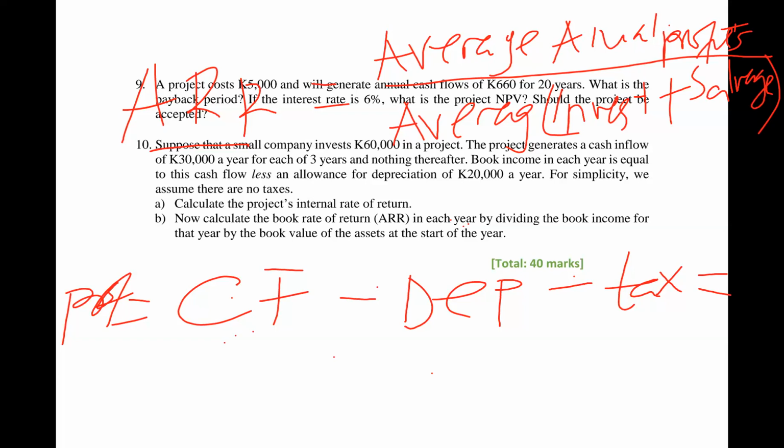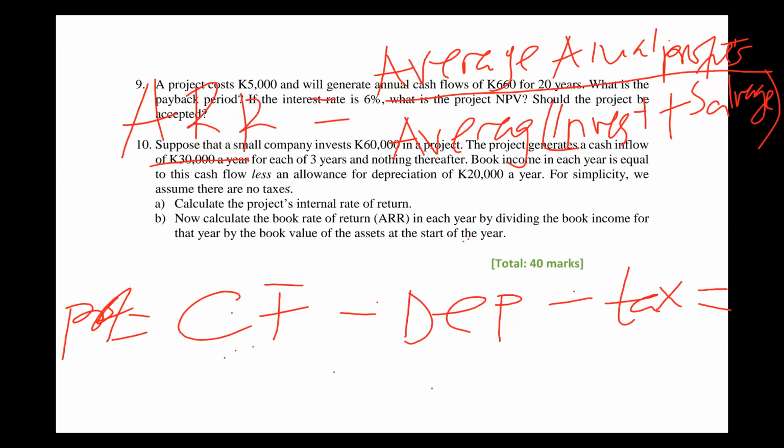Now, when it comes to the issues of finding depreciation, if you are not given depreciation, depreciation can be found by removing, follow this nicely, the cost of the investment minus the scrap value or the salvage value.